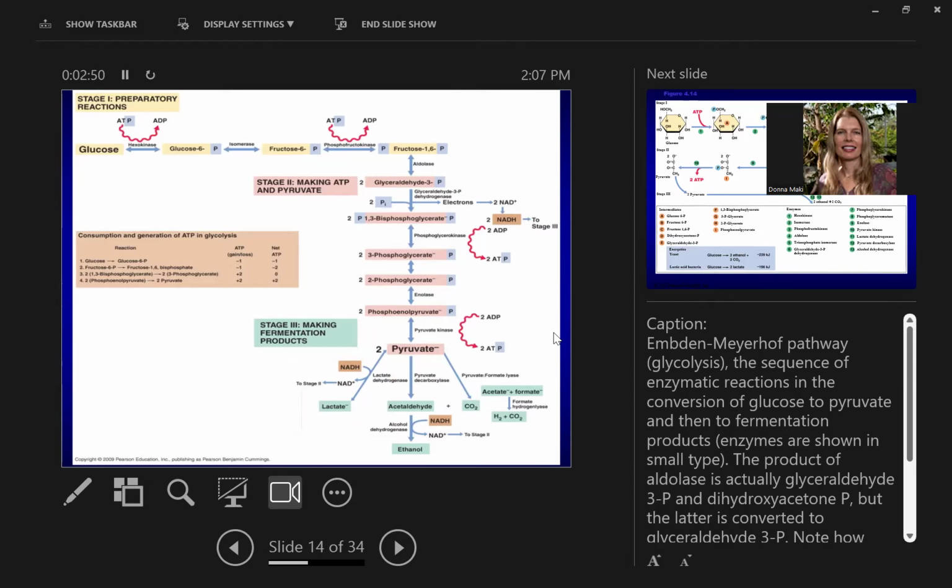And then NADH is also very useful because it can be used, if necessary, for stage 3. You can see down here, the brown box is NADH. So this NADH that you see down here is actually coming from stage 2. Okay, so NADH is getting generated.